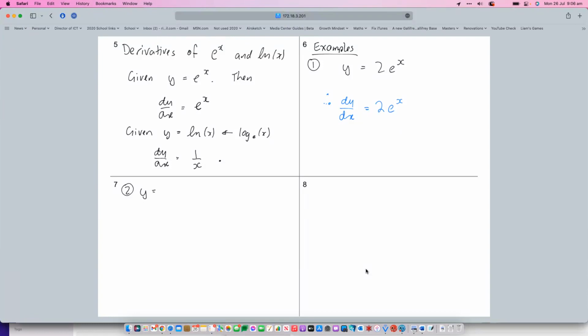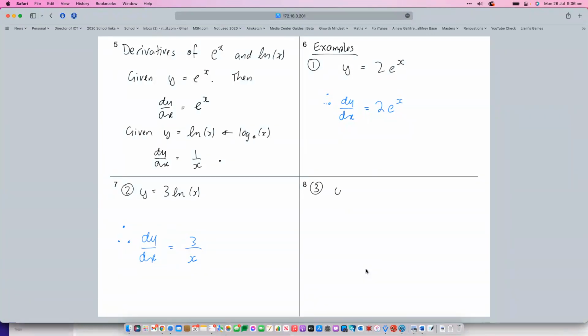Example 2: y equals 3 ln x. Therefore, dy by dx is equal to 3 on x. Okay? 3 times 1 on x, which is 3 on x. Yeah? Okay, example 3.